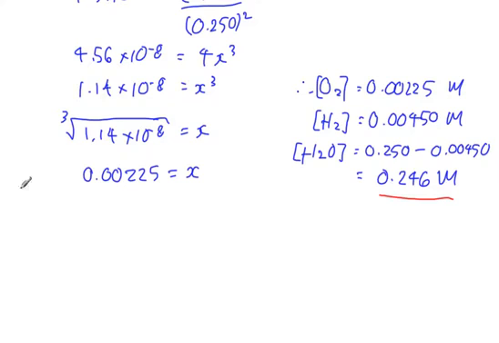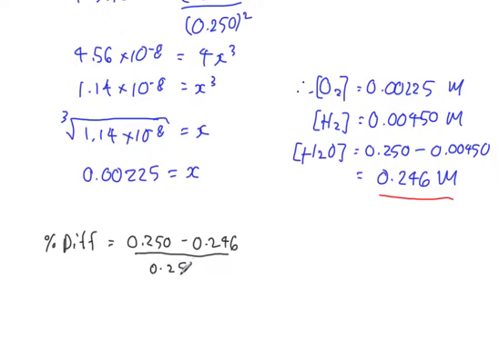So we can quickly calculate the percent difference. The percent difference is calculated as follows: 0.250 minus 0.246 divided by 0.250 times 100. And what do we get? We get 1.6% difference.